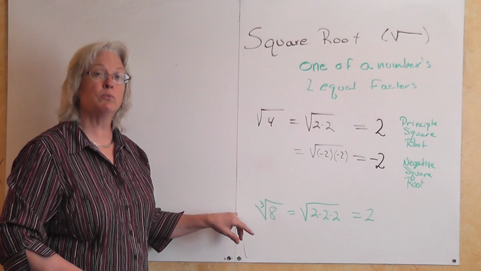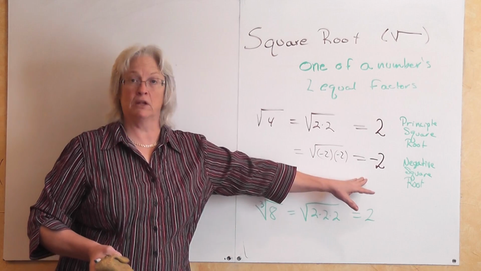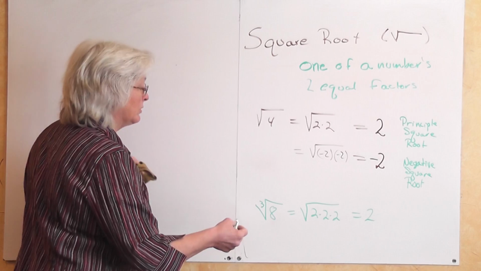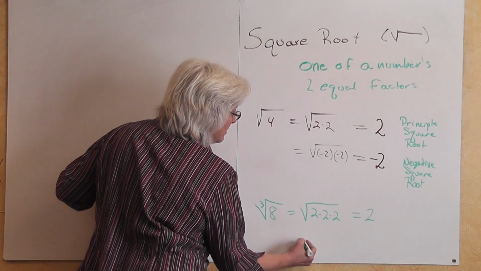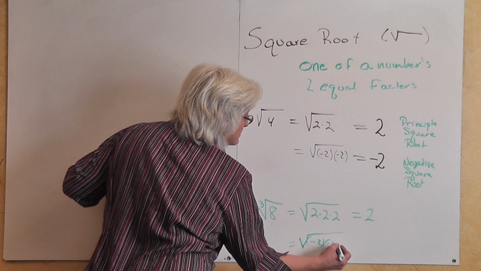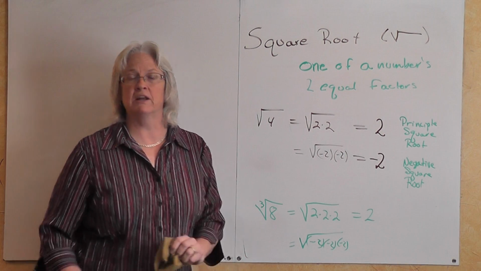Now when you're taking cube roots, are you ever going to have a negative root, like a negative square root? Why not? Well, -2 times -2 is a +4, times -2 is a -8.